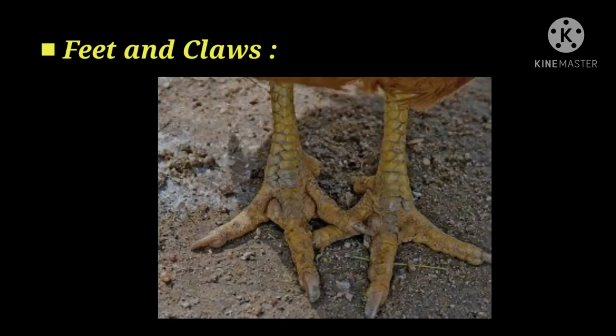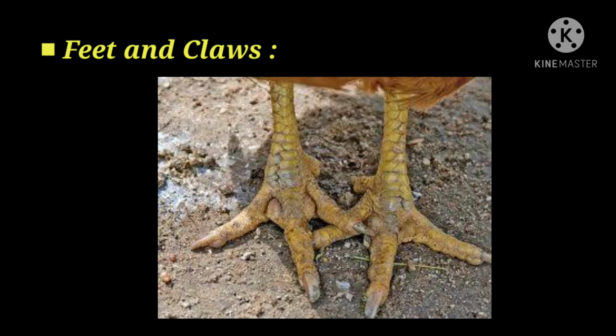So we know that in birds, out of the four limbs, two are modified into wings, and these wings help them to fly.